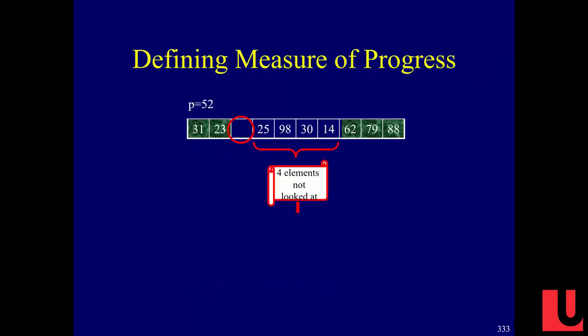All right, so now we want to think about how to make progress. If we're in this situation, we take one of the numbers that we haven't looked at, compare it with the key, and put it on one side or the other. So if we take the 25, and if it's smaller, then what do we do with it? We just put it here, and that seems to be okay.